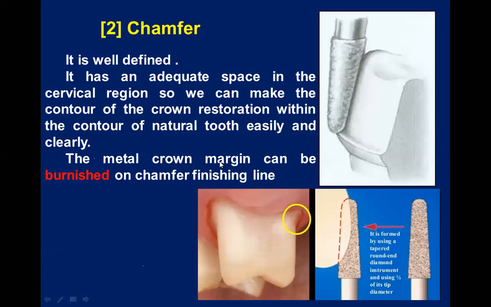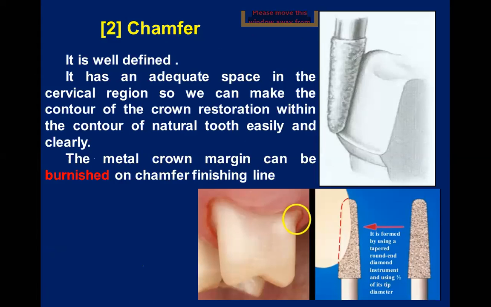Now, the second type of finishing line, which is more prominent because we are going to remove more tooth structure, and we change the type of burr. Here it is not a pointed tapered fissure burr.